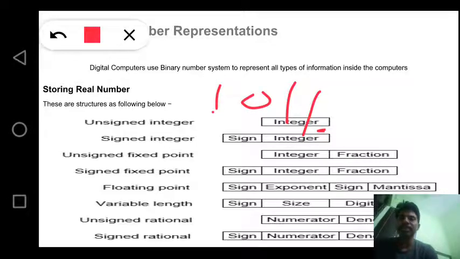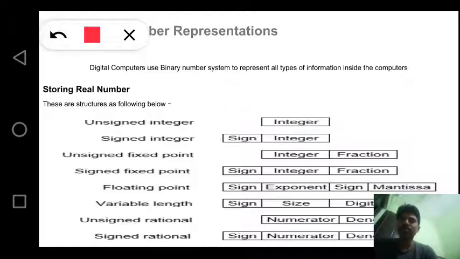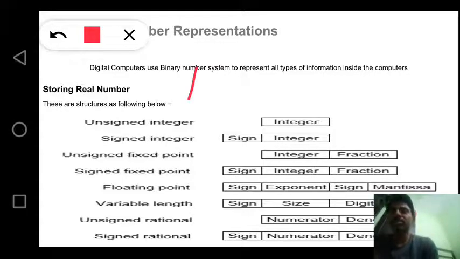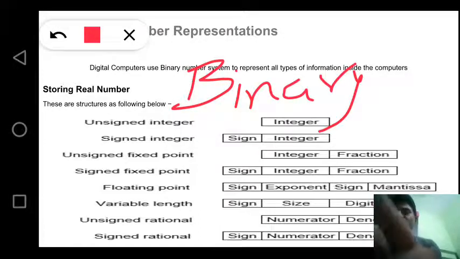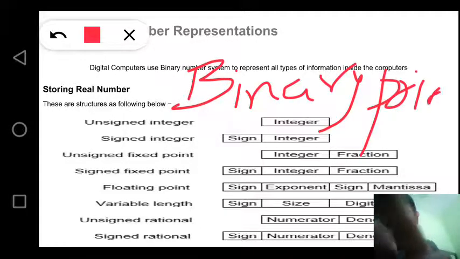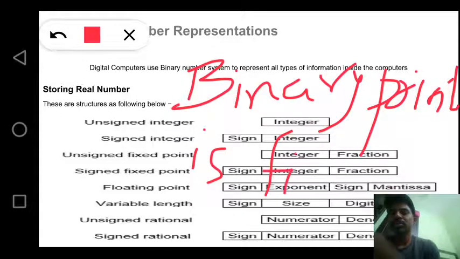If it is at the extreme right, then it is called an integer number. So this is an example of a fixed point representation. Remember, what is fixed here? The binary point is fixed.